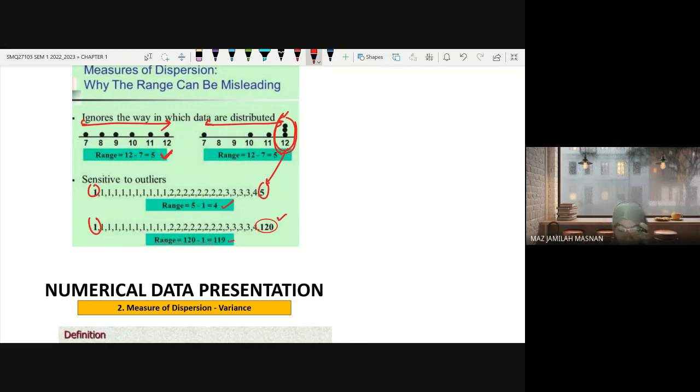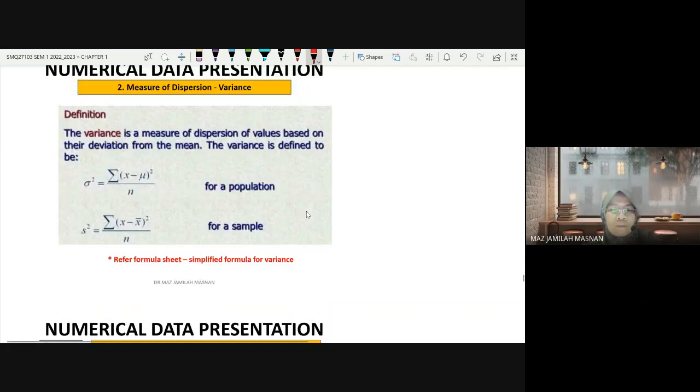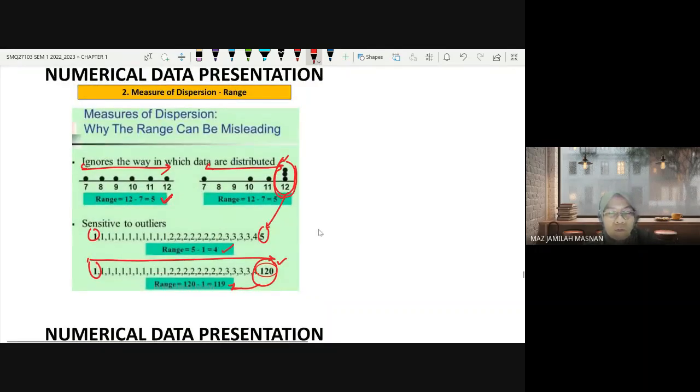But look at the data. Range cannot be used because the outlier can affect the distribution of the data, so it will be misleading. Whenever there is an outlier, or greater frequency for certain values, range is no longer suitable to be used. So that is for range.